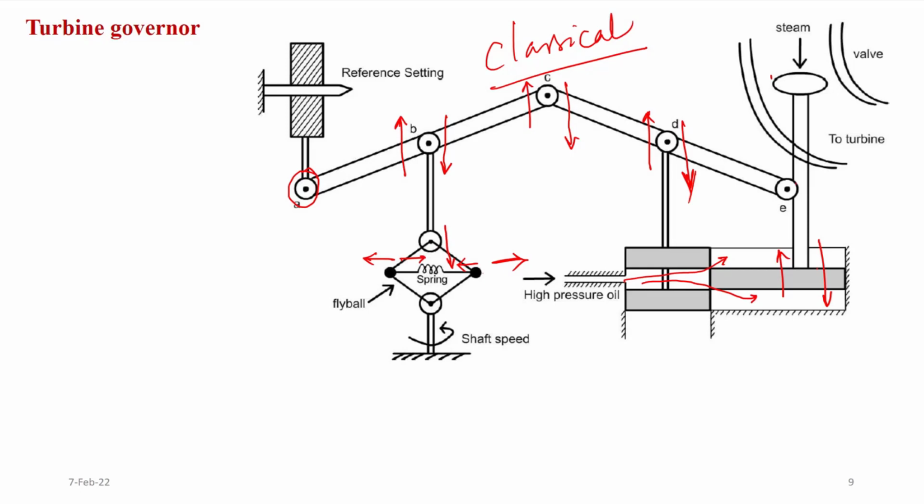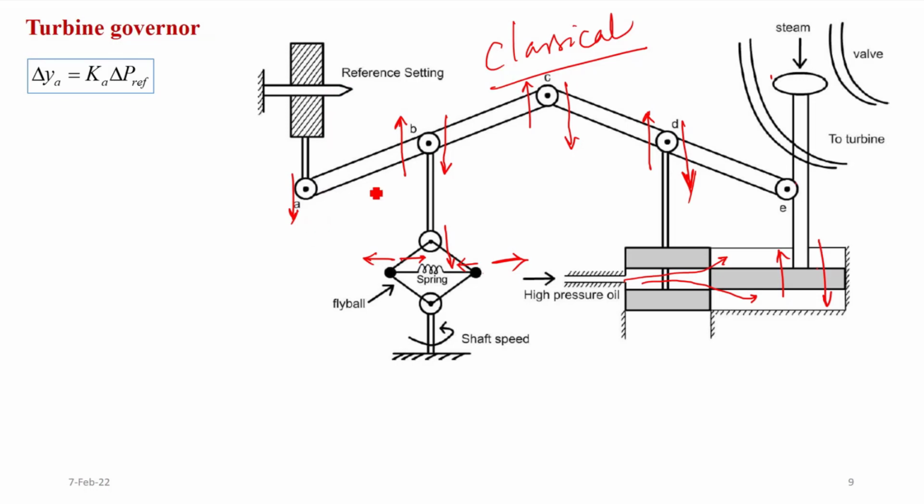Now we'll see the modeling of this governor system, turbine governor system, right? Now at point A, this position is related with the reference setting, right? When point A is going down, that means your power is increasing, right?